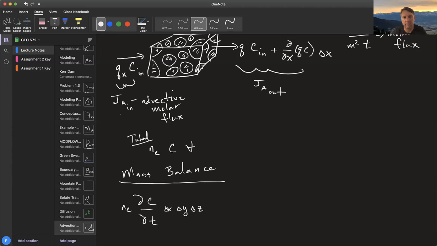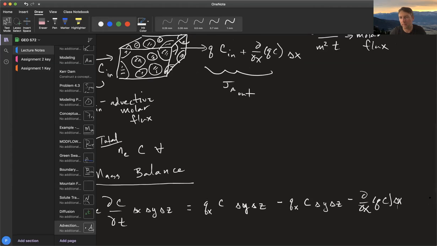That's volume, that's my concentration change with time, and that's porosity, is equal to the flux in, q_x times C times delta y times delta z, minus q_x times C times delta y times delta z, minus d/dx of qC times delta x delta y delta z.